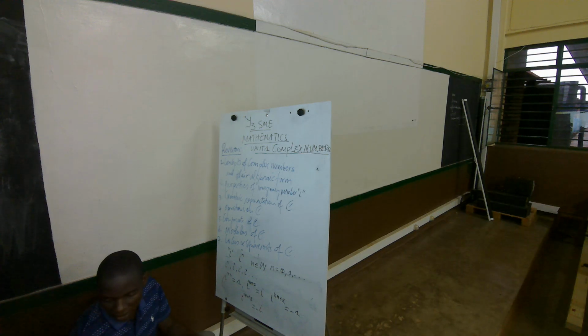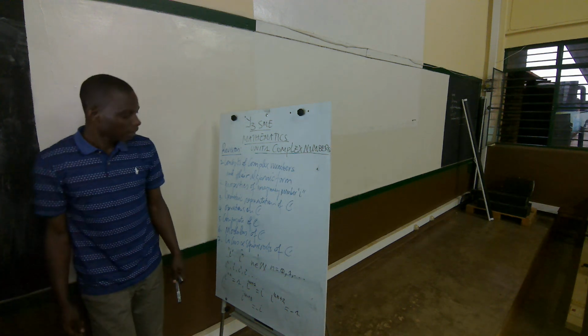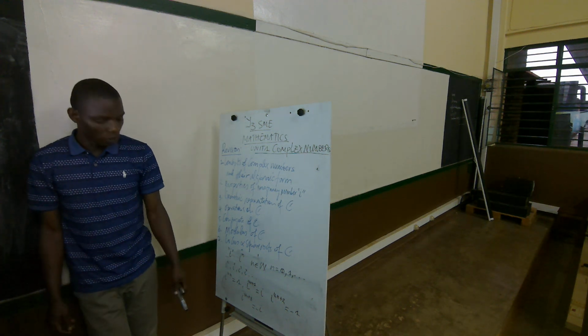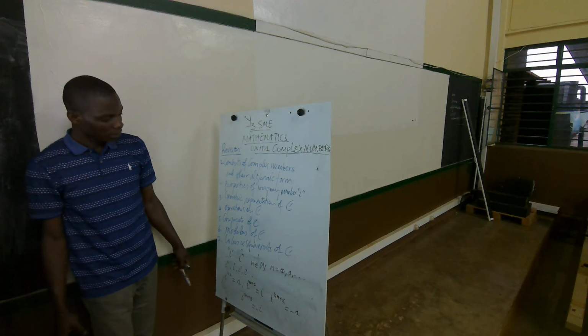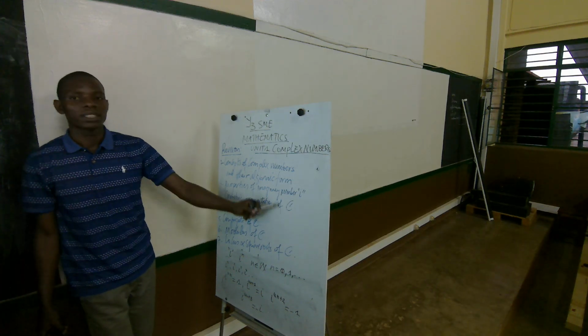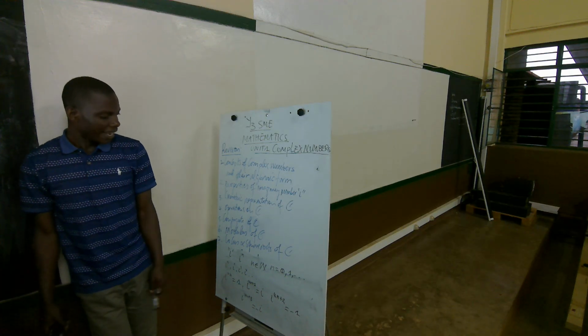These are the properties of the imaginary number i, and we normally use them to find the number in the complex number. This is just to remind you about these properties.